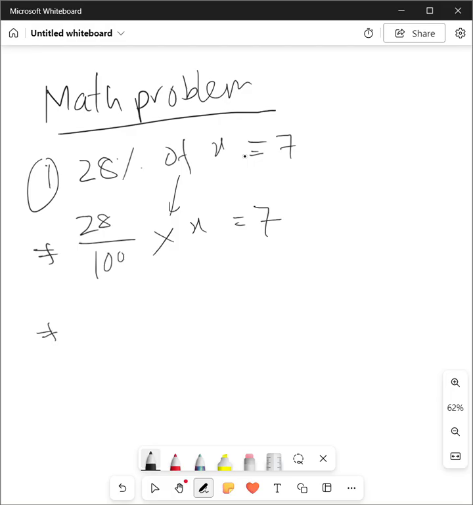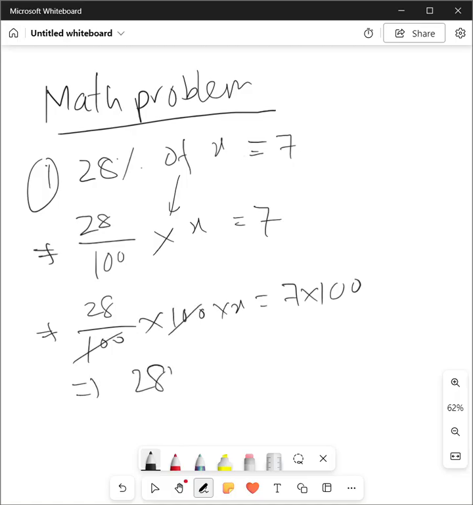That's why we multiply on both sides: 100 times 28 over 100 multiplied by x equal to 7 times 100. So the 100 crosses out, and we get 28x equal to 7 times 100. Now we need to determine the value of x, so we have to divide both sides by 28.